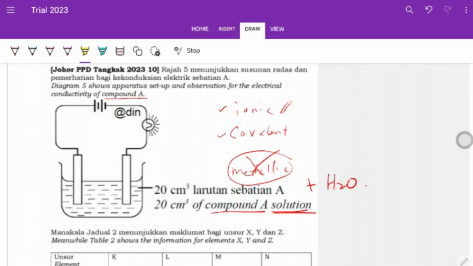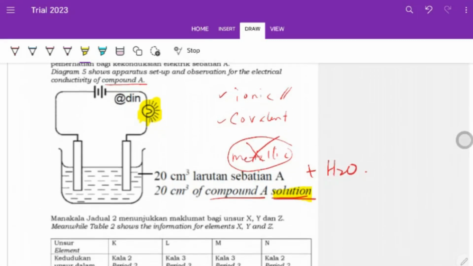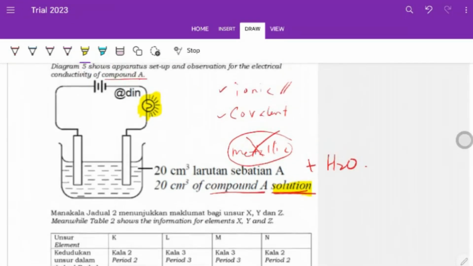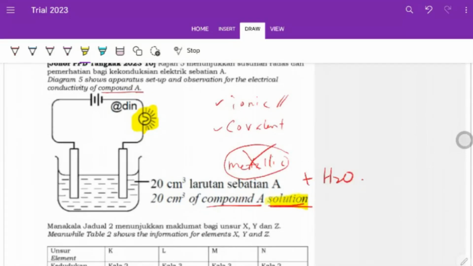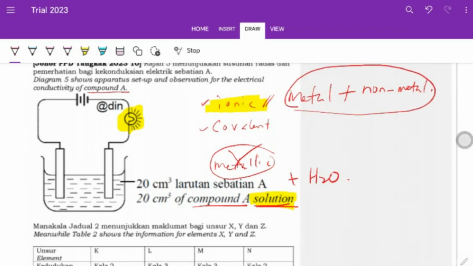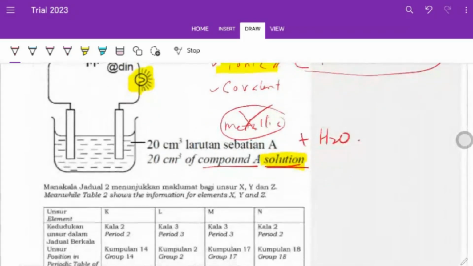So you see here, in the solution, it can conduct electricity. Yes, it can, right? So the bulb lights up. Which one shows the information? If it can conduct electricity in aqueous solution, it must be ionic. Ionic, remember, must be metal plus non-metal. So we need to search for it.